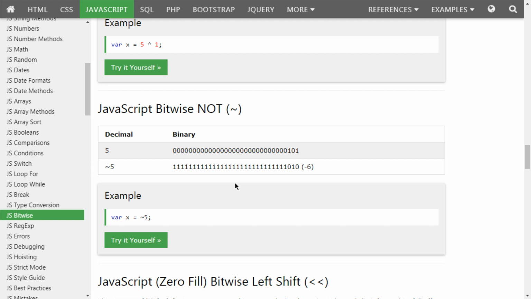Basically counting as 1-based in the negative direction. That's the idea. Okay, so that's what our not operator is going to do. It's going to switch all the bits, but technically what it's also doing in terms of representing it as a number is it's switching the sign of the number, and it's subtracting 1 from it. That's the idea.